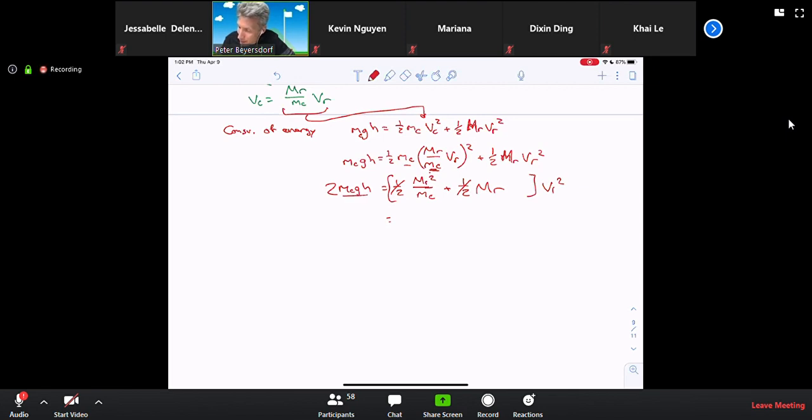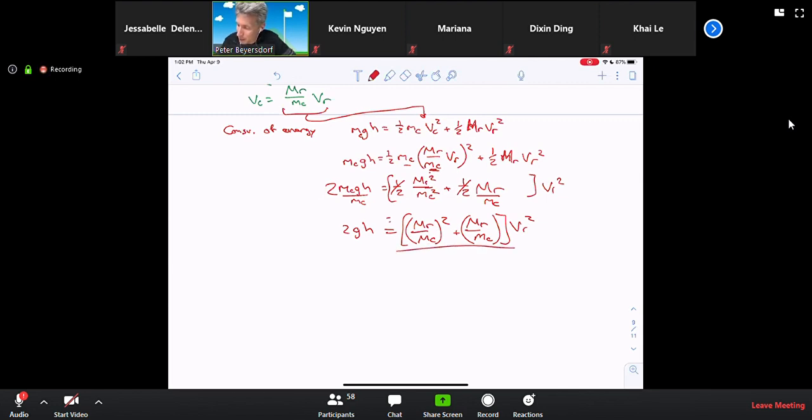Let me divide both sides by MC. And when I do all that, I get 2GH on the left, and on the right, I get MR over MC quantity squared plus MR over MC not squared times VR squared. So I'm trying to solve for VR, the velocity of the ramp here.